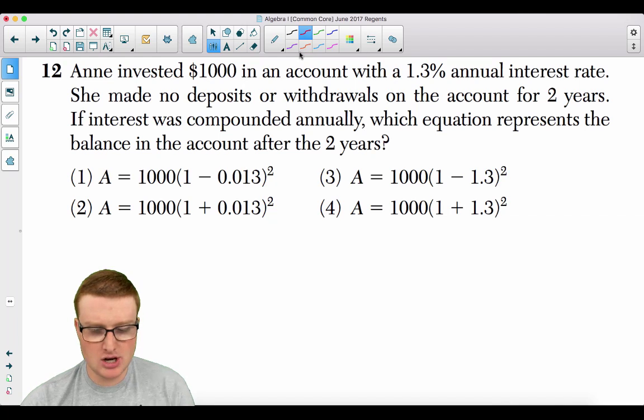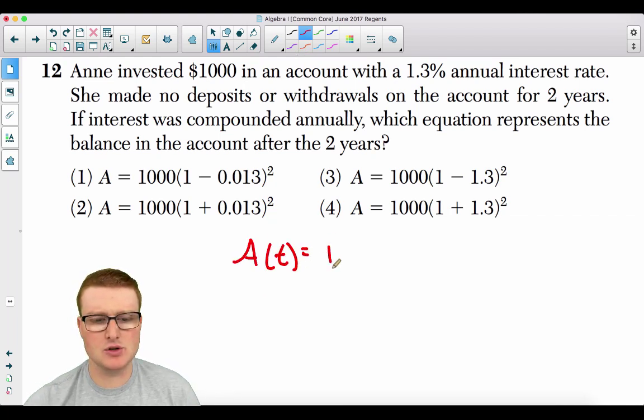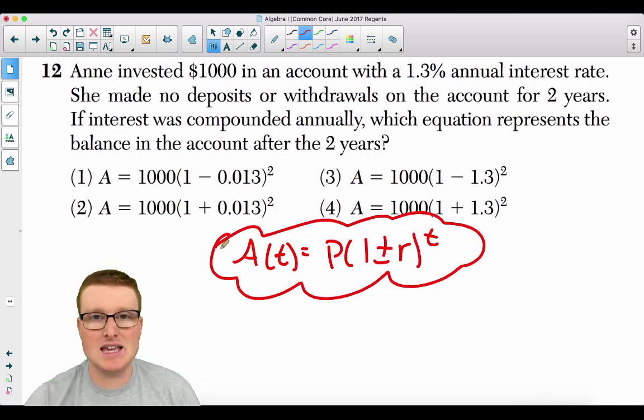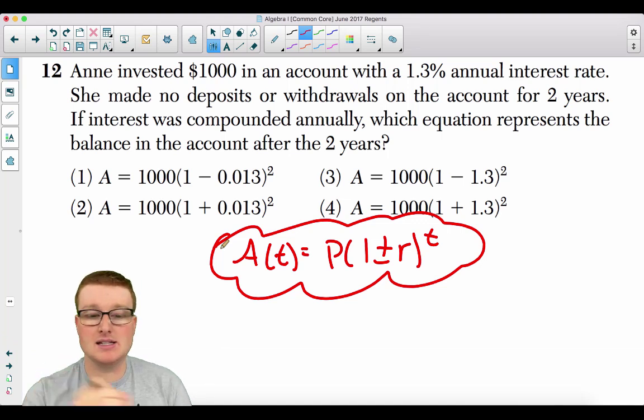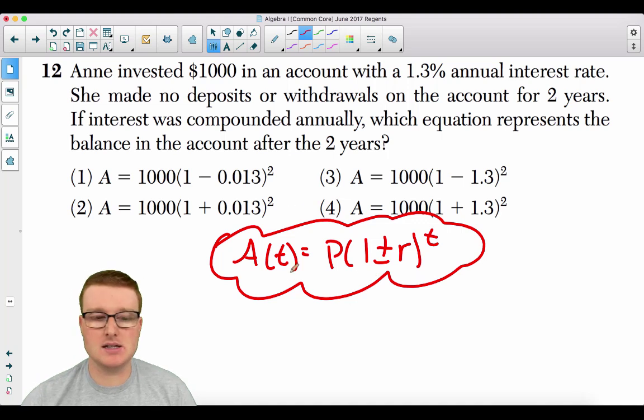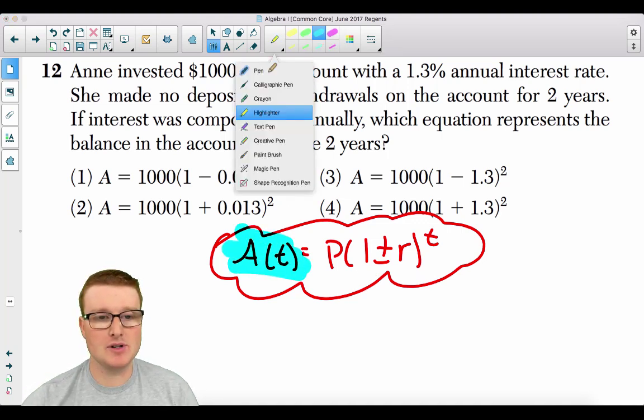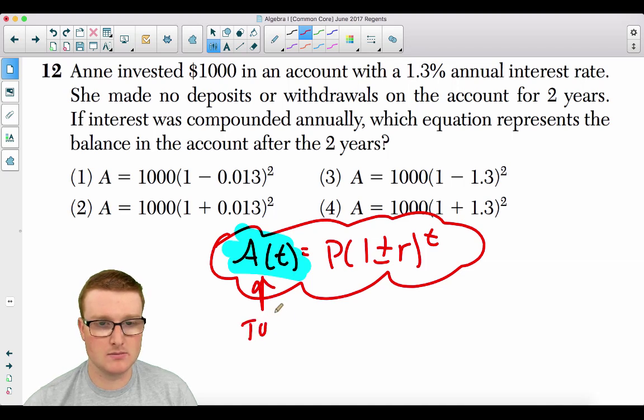So what you need to know is this formula. A of t is equal to the principal times 1 plus or minus the rate raised to the t power. This formula needs to be drilled into the back of your brain because it's on every test. So let's talk about what each thing means in this context. A of t represents the total, in this case, the total dollars.